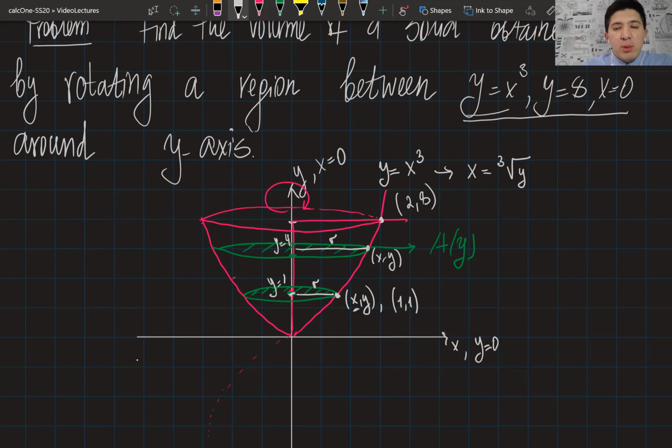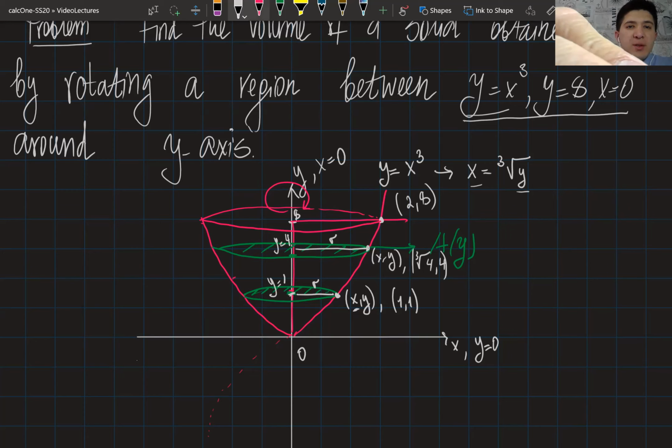If y is equal to 4, I just have to substitute the 4 in order to find the x coordinate, which is going to be the cubic root of 4, and 4. So basically, from 0 until 8, I can create any slice, and I can find the area of any slice because I know its radius.